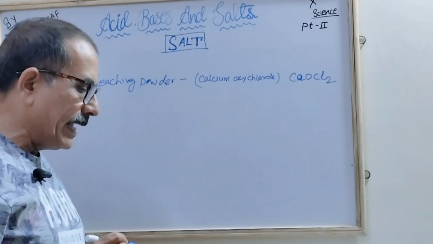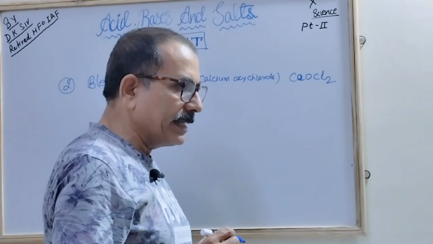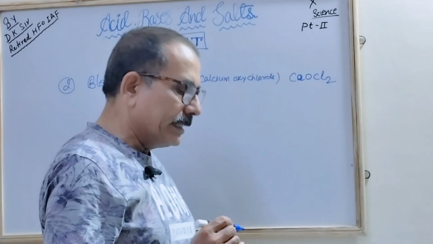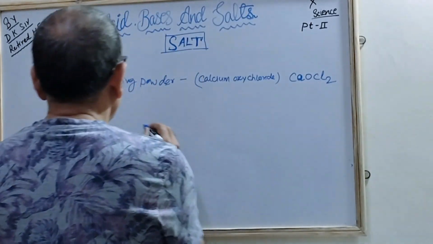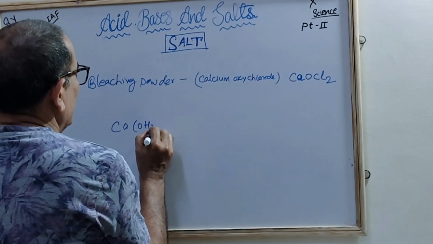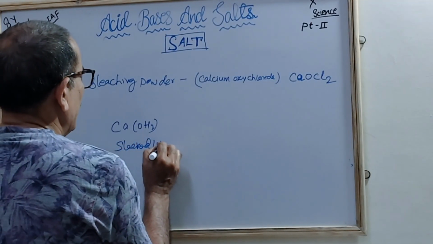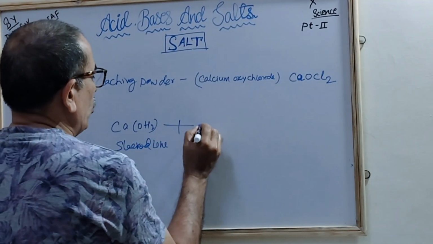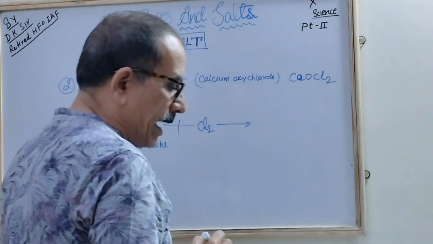It is produced by the action of chlorine on dry slaked lime. So you have the dry slaked lime, Ca(OH)2, correct? We make chlorine pass over it.